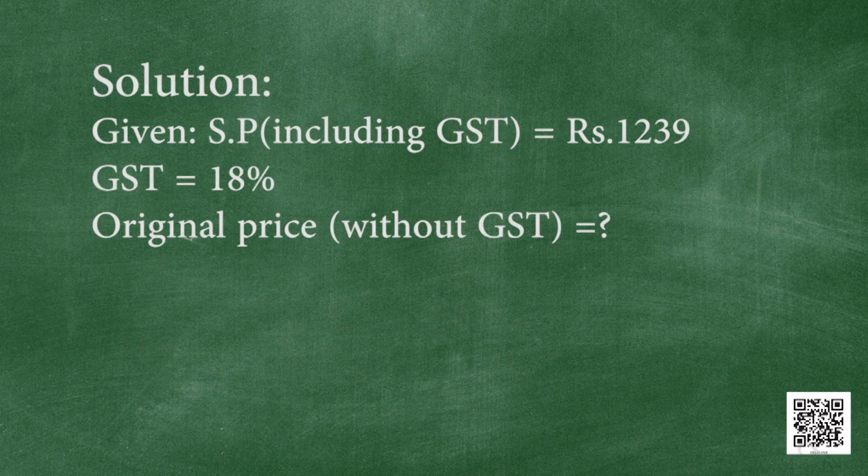Students, before we solve it, let's try to make a note of given data. Given the selling price including GST is equal to rupees 1239. It's mentioned that GST is equal to 18%. So, we need to find the original price without GST.